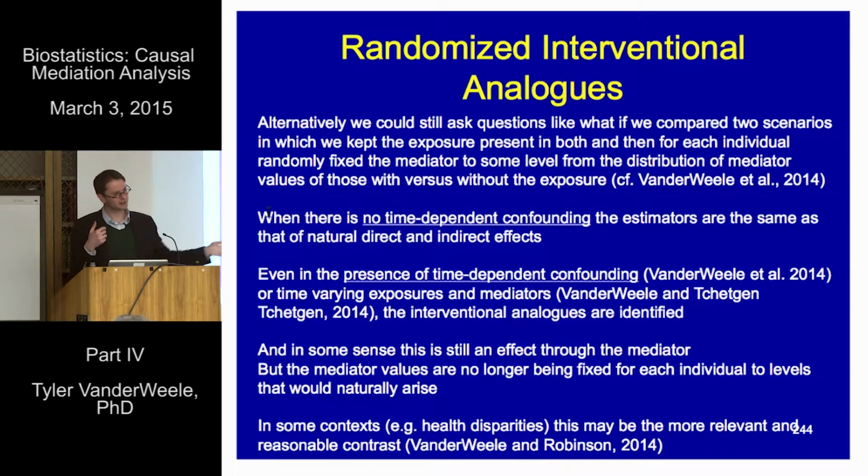We're thinking about interventions on race. That doesn't seem to make too much sense. But if we think about equalizing the SES distributions between the black and the white populations, that seems to be a more sensible contrast. So at least in some settings, these alternative, slightly different definitions perhaps make more sense.